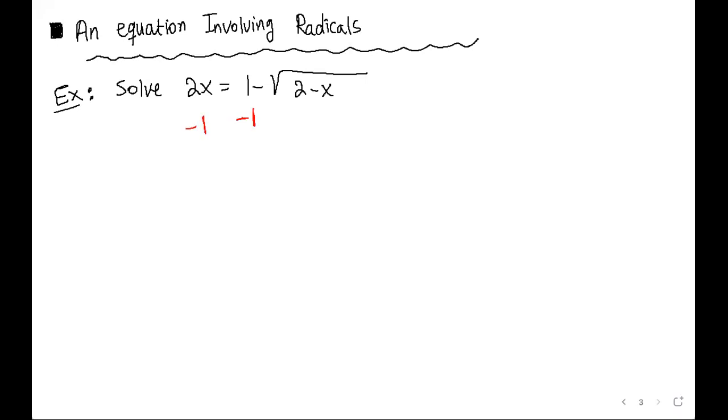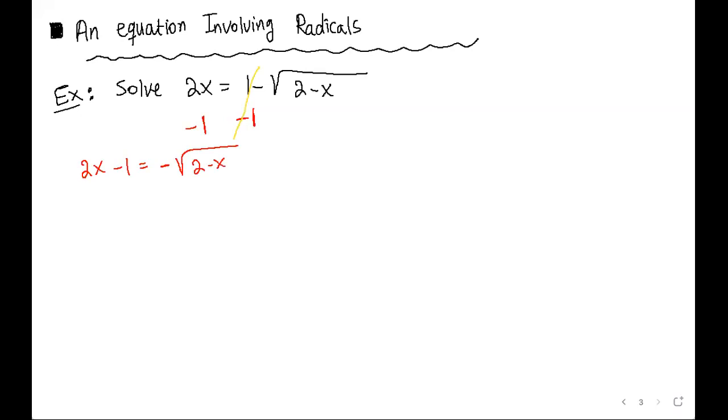So here I have to subtract the 1 from both sides. When I subtract the 1 from this side, I cancel the 1. I get now 2x minus 1 equal minus square root of 2 minus x.